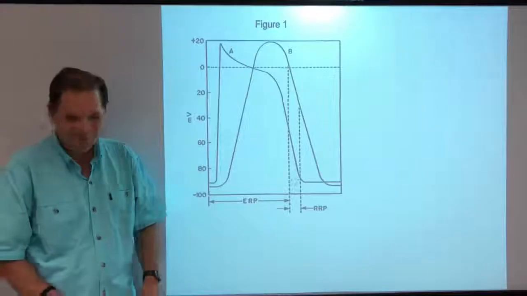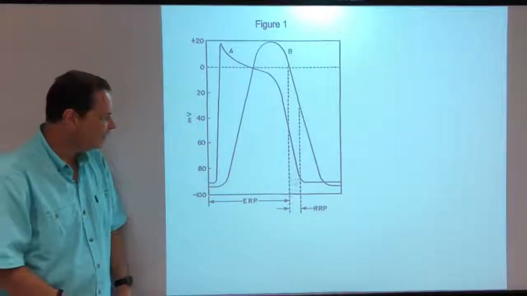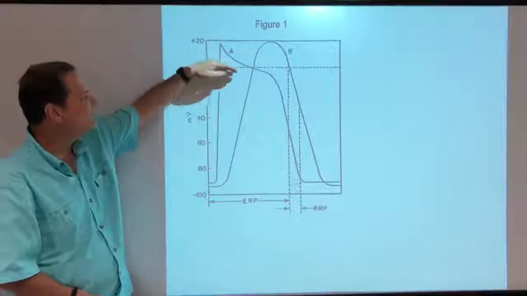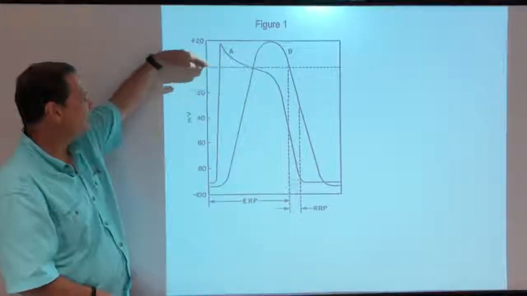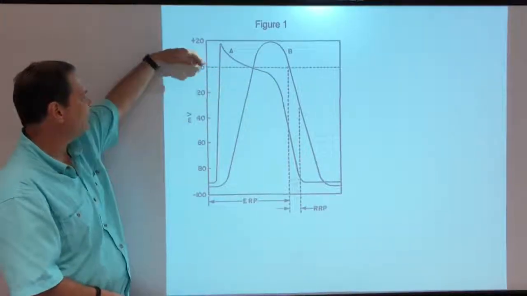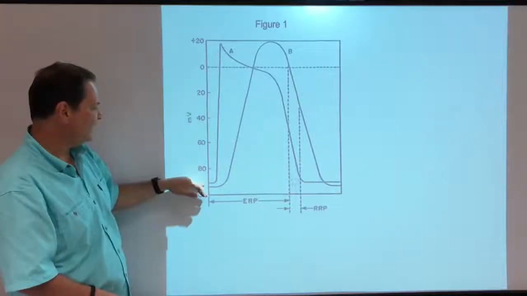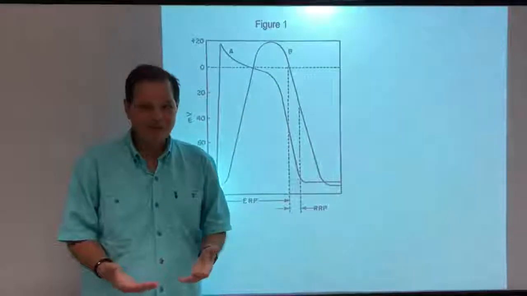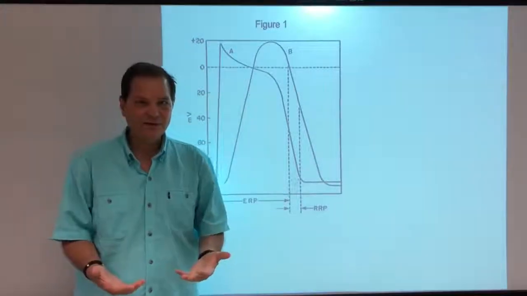All right. So you might say, so what? Well, as long as this membrane is depolarized, and as long as that membrane voltage is up here and not down here at more negative values, you can't stimulate that cardiac cell again to contract.